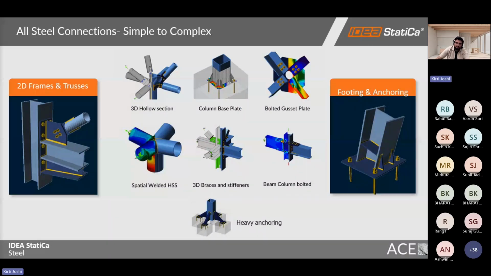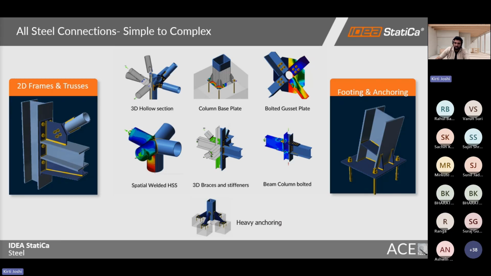Here you can see that IDEA StatiCa can design connections that vary from a simple beam to column joint in 2D frames to a complex 3D node, like the gusset plate connection, the bracing, and the heavy column encoding system. These are a few of the examples you can create within this software.